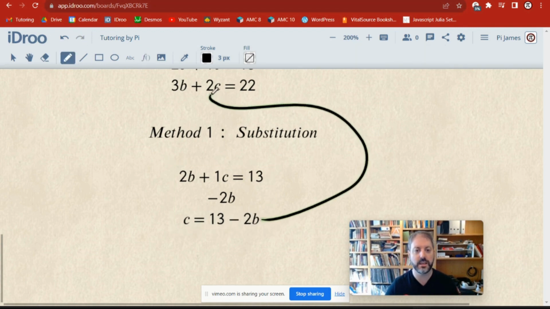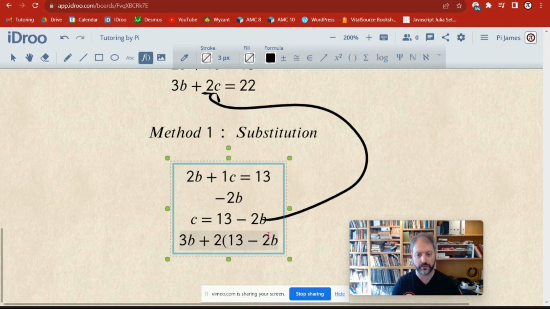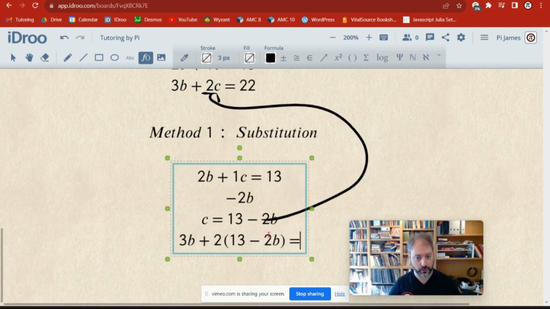So instead of writing C, we write this. What this does is make it so that we can have our equation in fewer variables. Okay? So we will have 3B plus 2 times, not C, but instead 13 minus 2B, equals 22.